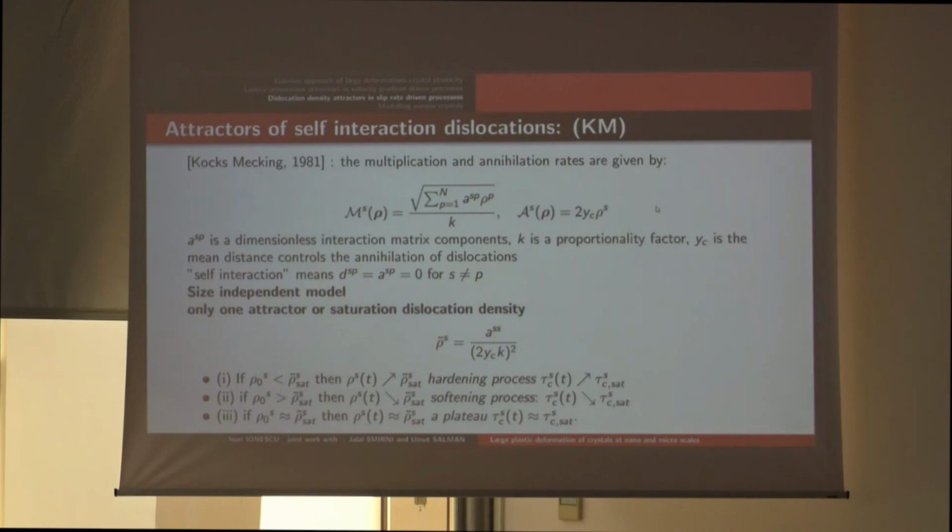And in this case, for instance, we find a dislocation density attractor, such that we deal with a hardening process if the initial dislocation density is less than this value. We have a softening process if it is larger than this value, and you have a plateau if the initial dislocation density is around this saturation point.